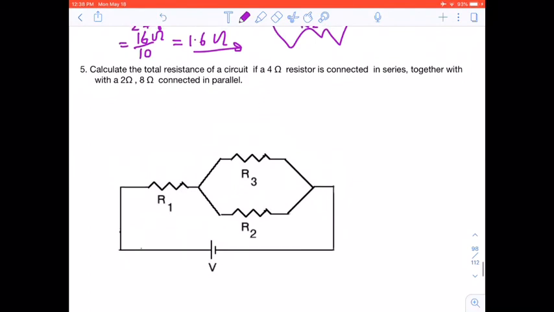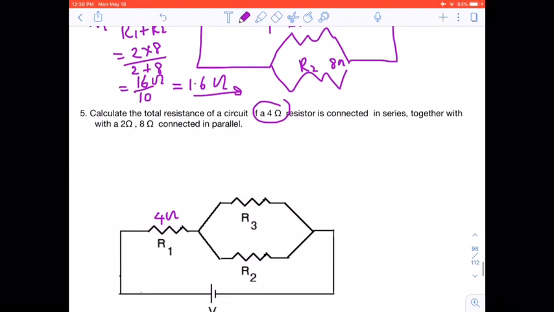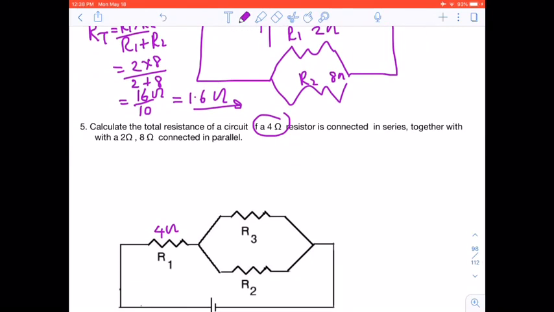Let's look at the next one. Here we got a 4 ohm resistor. Okay. Then we have a 2 ohm, right? And a 2 ohm and a 8 ohm resistor, right? And we just did this one here.